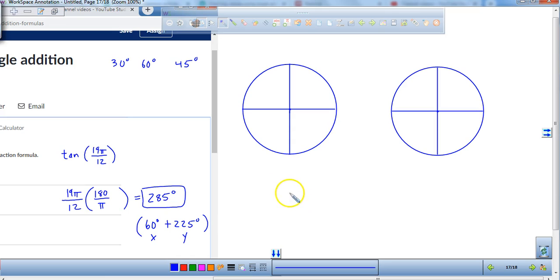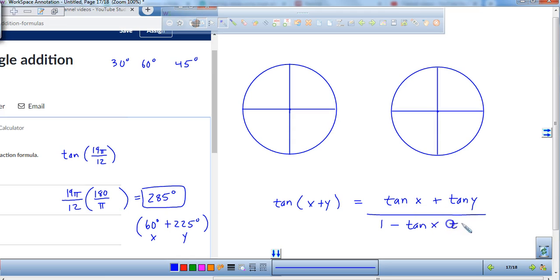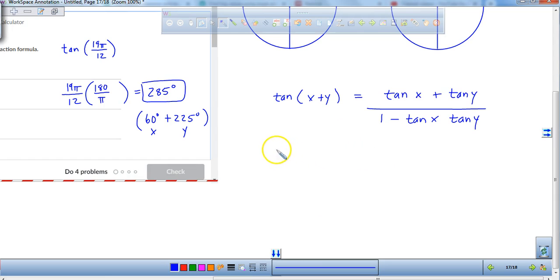So here's how I'm going to set it up. I'm going to call this the tangent of x plus y equals the tangent of x plus the tangent of y, all over 1 minus the tangent of x and the tangent of y. So let's substitute our numbers.